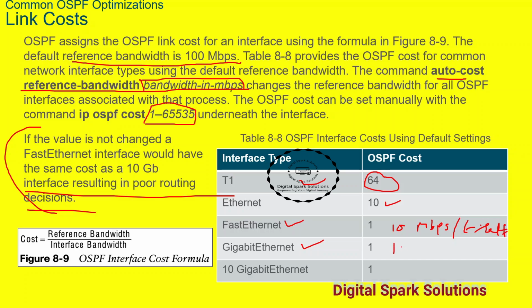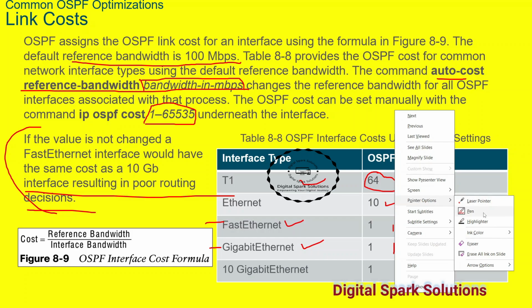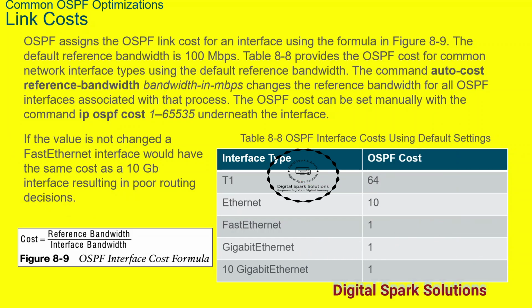And if we have 100 Mbps traffic flowing through the network, and we have two outgoing or incoming interfaces as Fast Ethernet and Gigabit Ethernet, it will be defined by the cost, the optimization of our bandwidth utilization and port utilization.